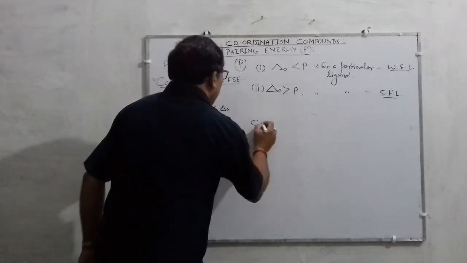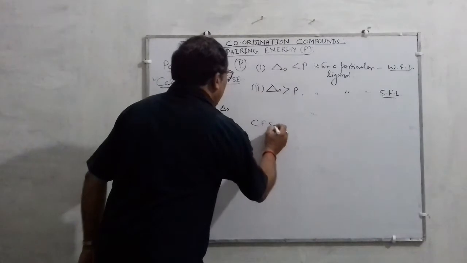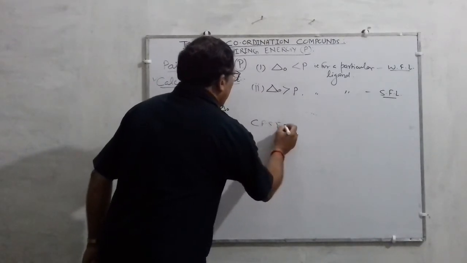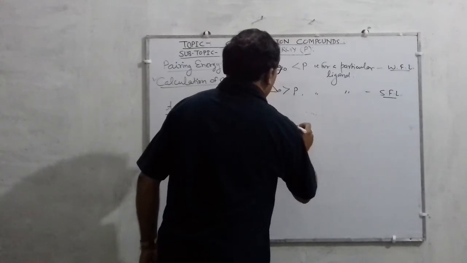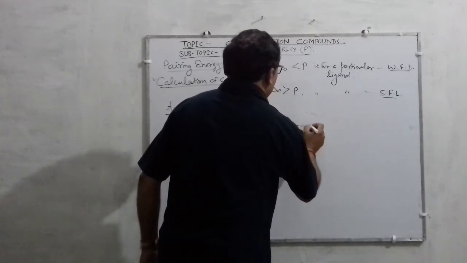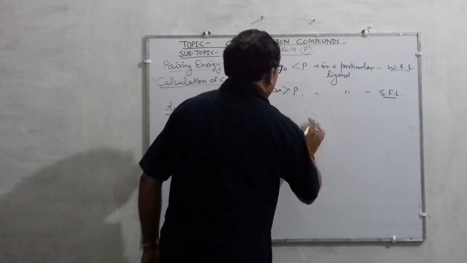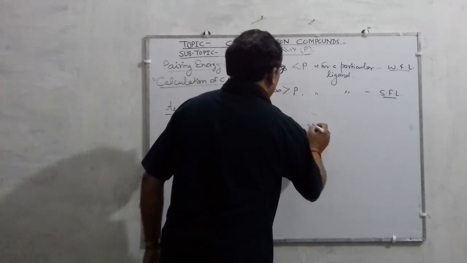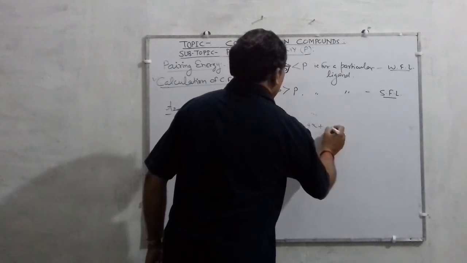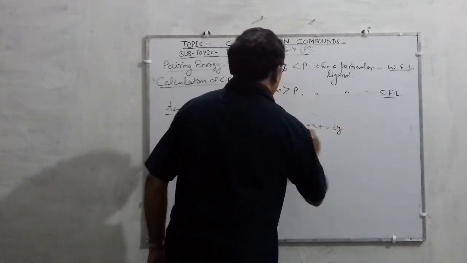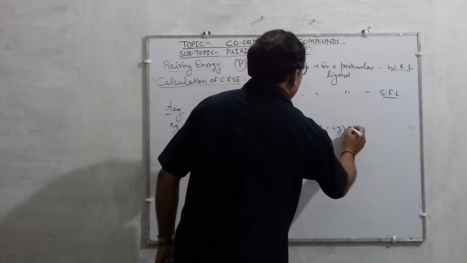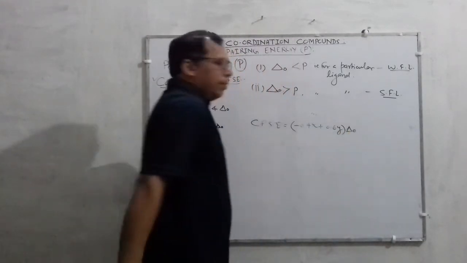So now CFSE, crystal field splitting energy, can be calculated by this formula: minus 0.4 X plus 0.6 Y, and this is for an octahedral complex.